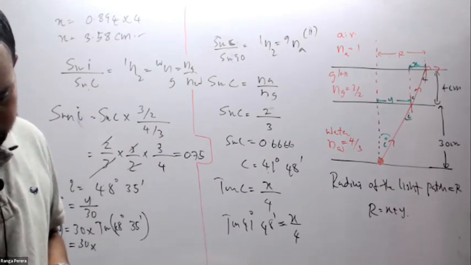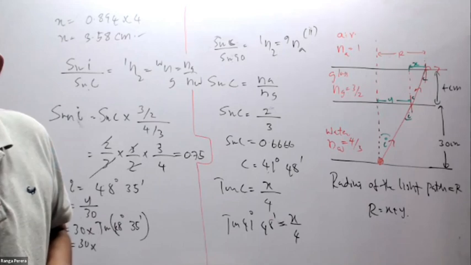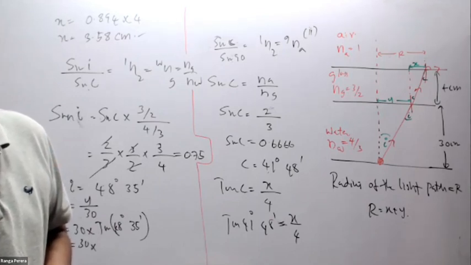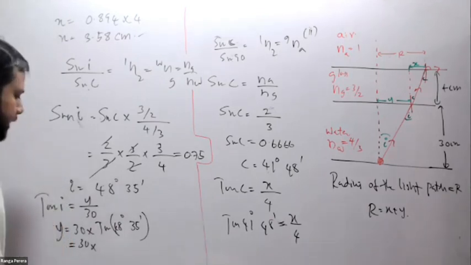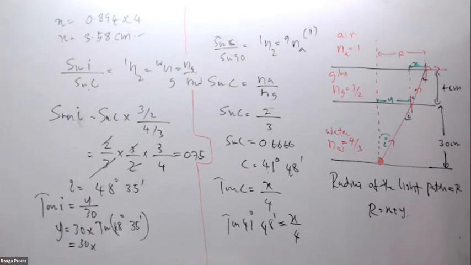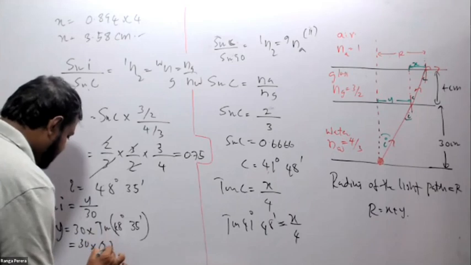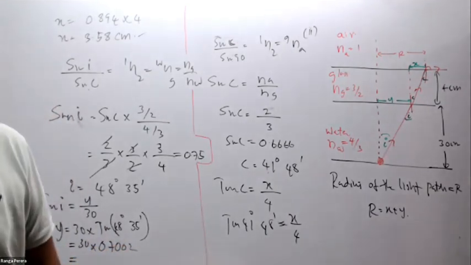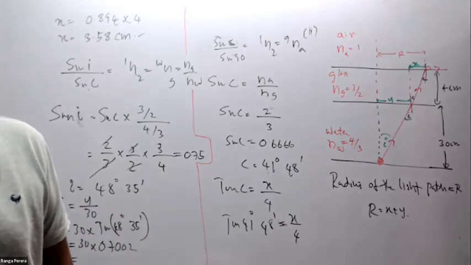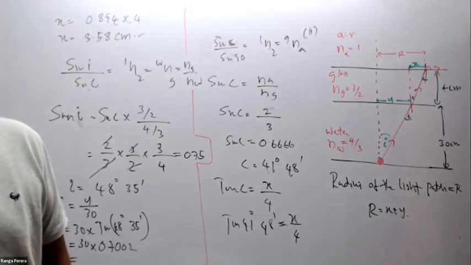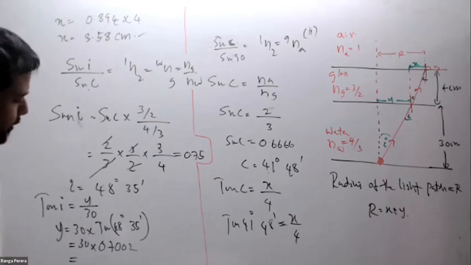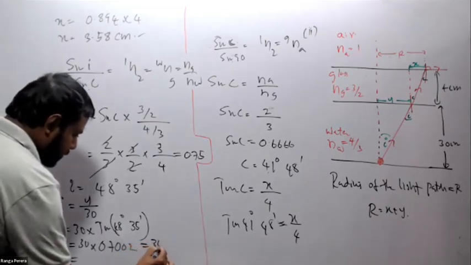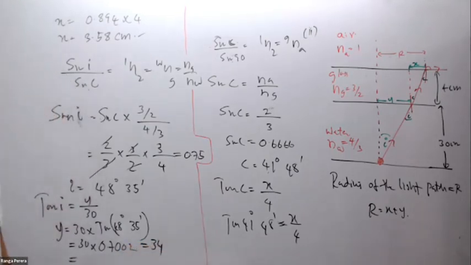Any one of you? Tan 48 degrees 35 minutes, what's the value?